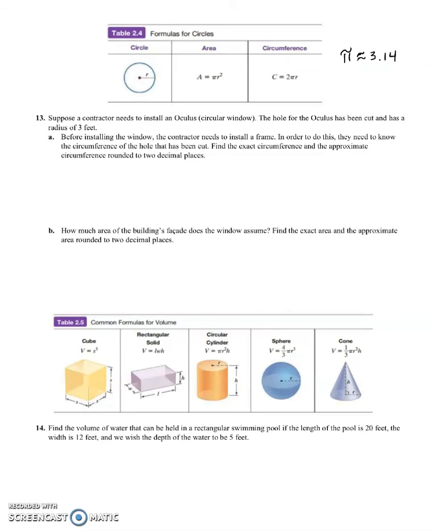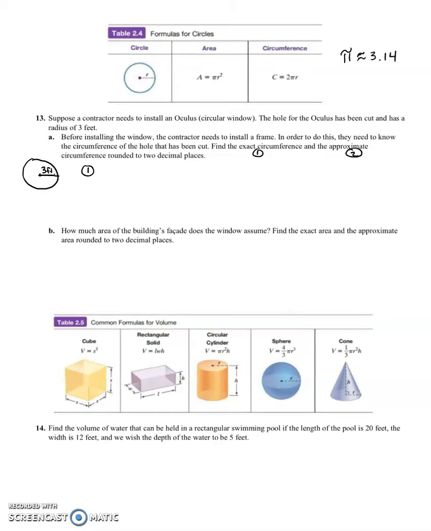So here is our window, and it has a radius of 3 feet. First we need the circumference, and we need the exact circumference. That will be the first part, and the approximate circumference will be the second part.